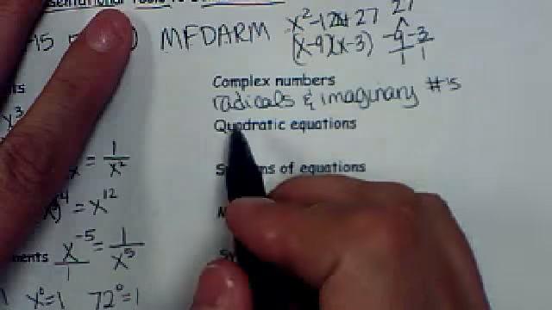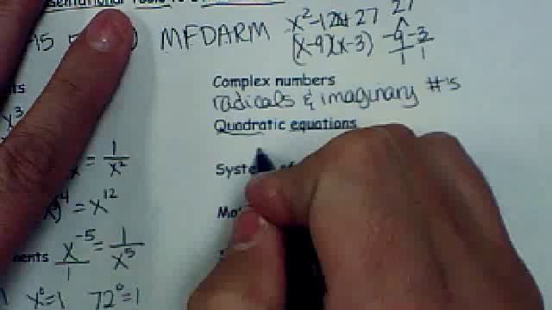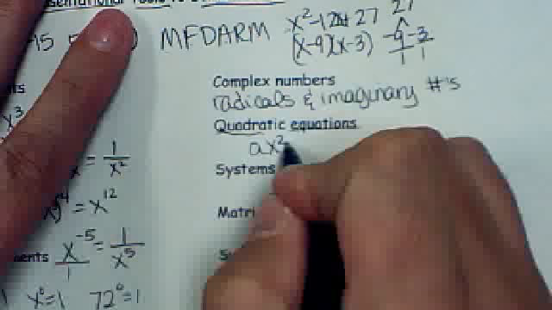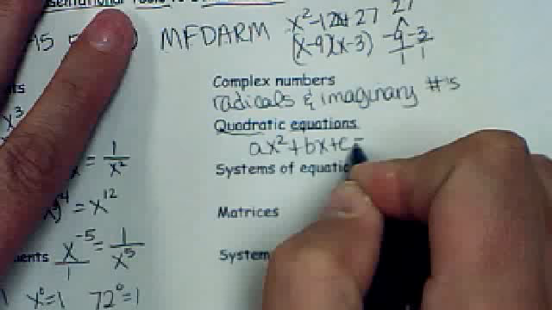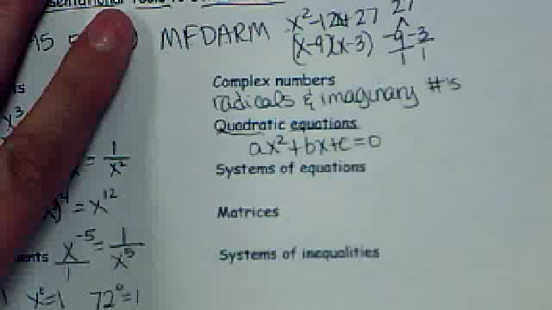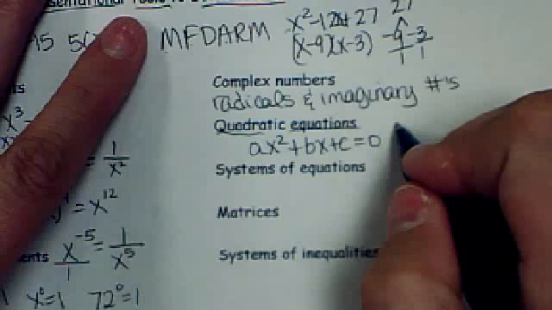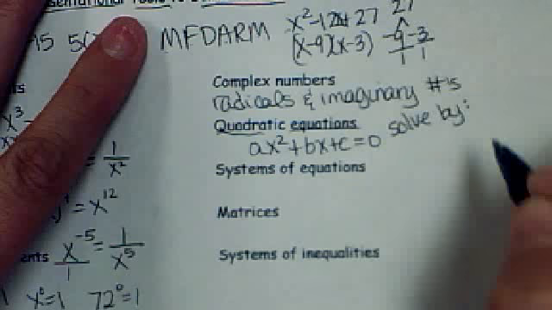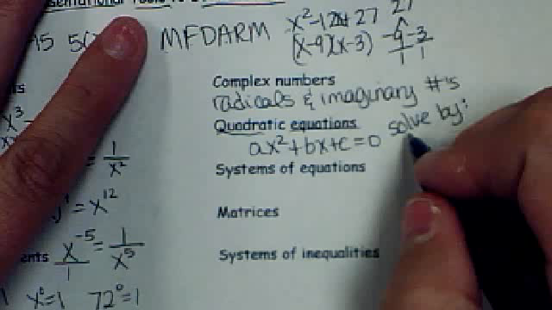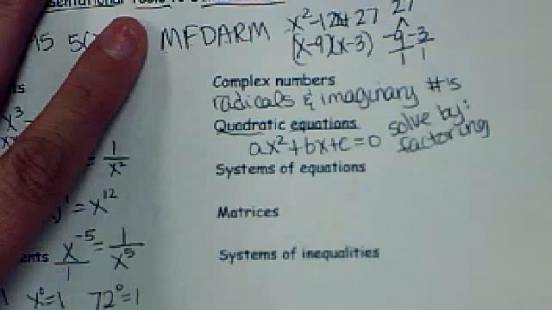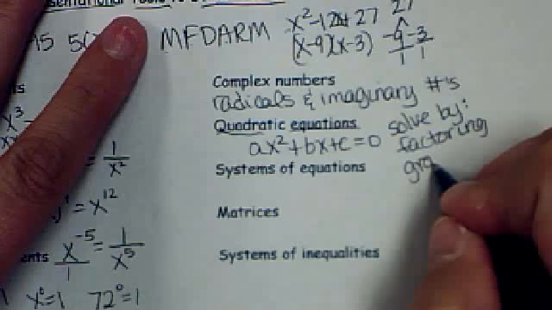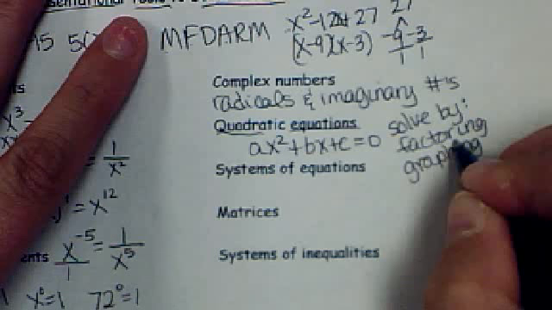Quadratic equations are in the form ax squared plus bx plus c equals 0. We solve quadratic equations by factoring, by graphing, and by using the quadratic formula.